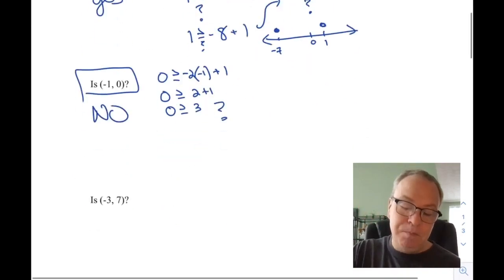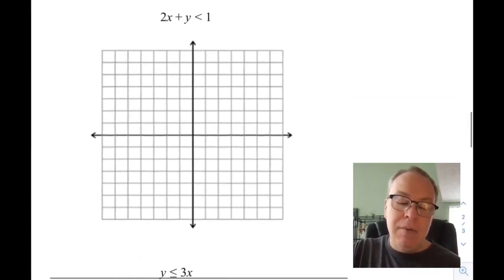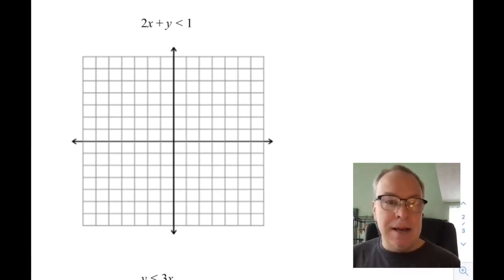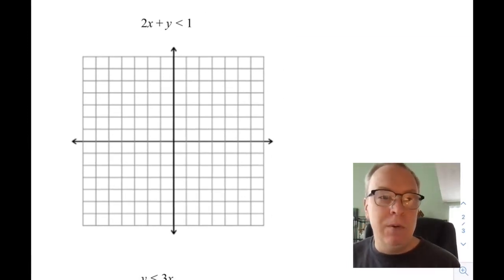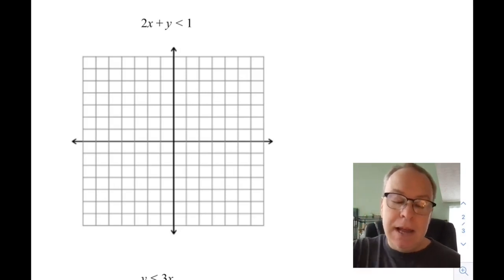So let's skip down here now to actually graphing. I want to do this problem first because I felt like this is probably the easiest out of the 3 that we're going to do. There you see it in ax plus by less than c form. Now I'm going to rewrite it by subtracting 2x on both sides. Perfectly legal move.